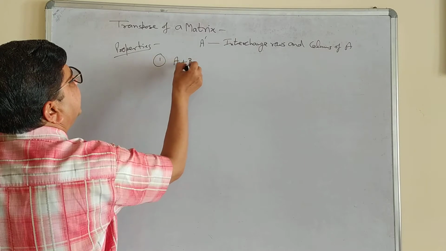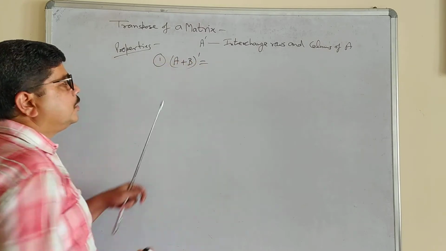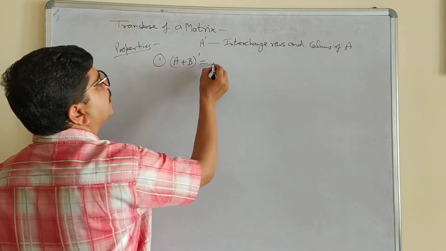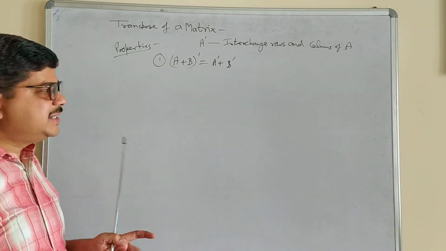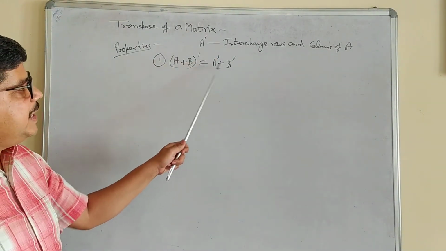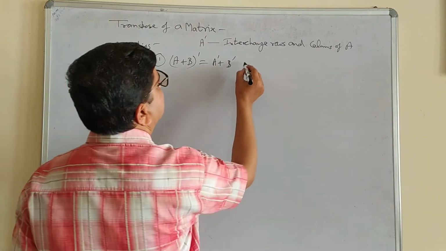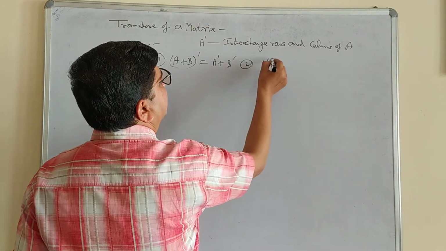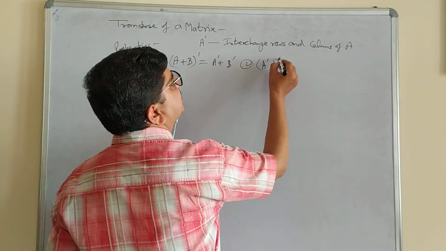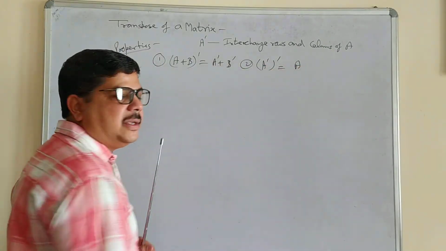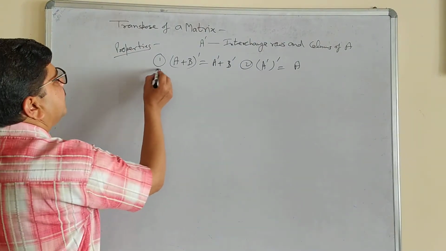If you are finding transpose of sum of two matrices, or first you find transpose, then you add, you will get the same result. A plus B transpose will be A transpose plus B transpose. If you are making transpose of a matrix and again making its transpose, obviously it will give you the same matrix.